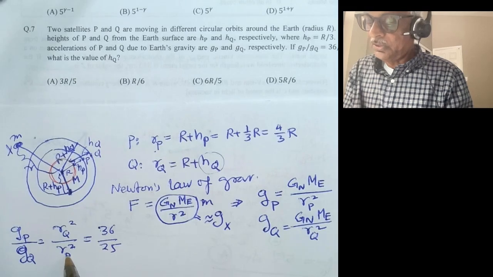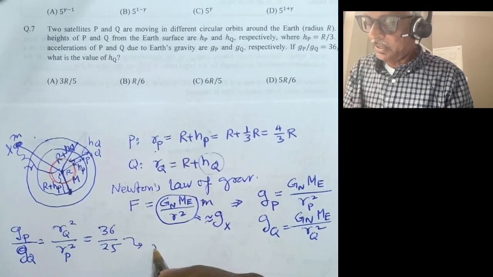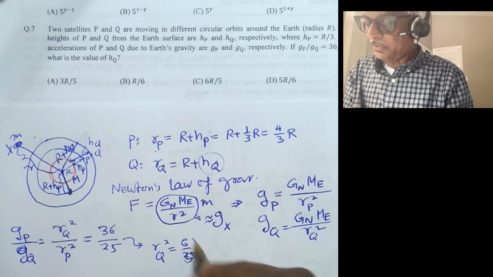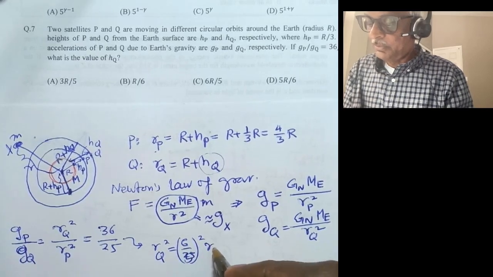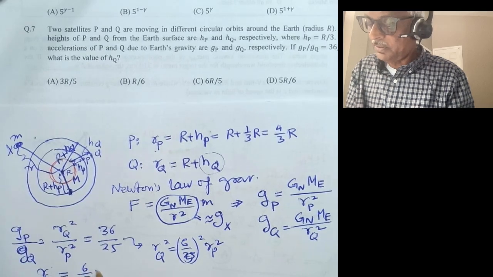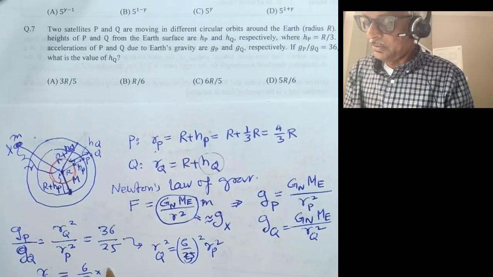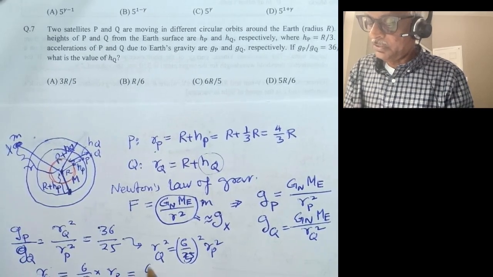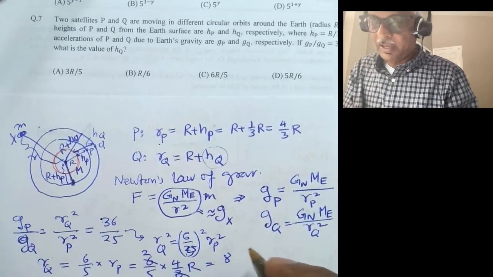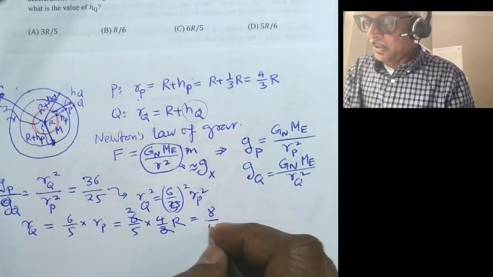RP square is already known, so RQ square is 6 over 5 square times RP square, so RQ equals 6 over 5 times RP, which is 6 over 5 times 4/3 R. So this is 8/5 R.